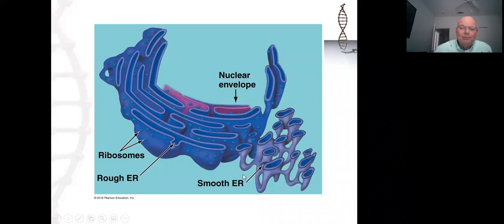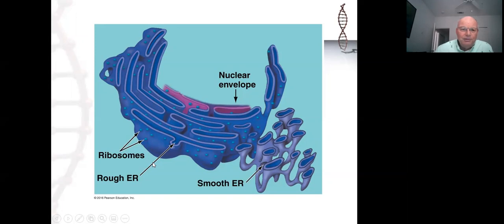The smooth endoplasmic reticulum makes the sugars, it makes the lipids, and it's actually making lipids that are going to be incorporated not only into the endoplasmic reticulum, but into the nuclear envelope, into the transport vesicles, into the Golgi apparatus and the lysosomes, and eventually into the plasma membrane itself, because they're all tied together by the transport vesicles that are budding off the endoplasmic reticulum and therefore carrying lipids as part of their membranes to the Golgi, where they get incorporated into the Golgi.